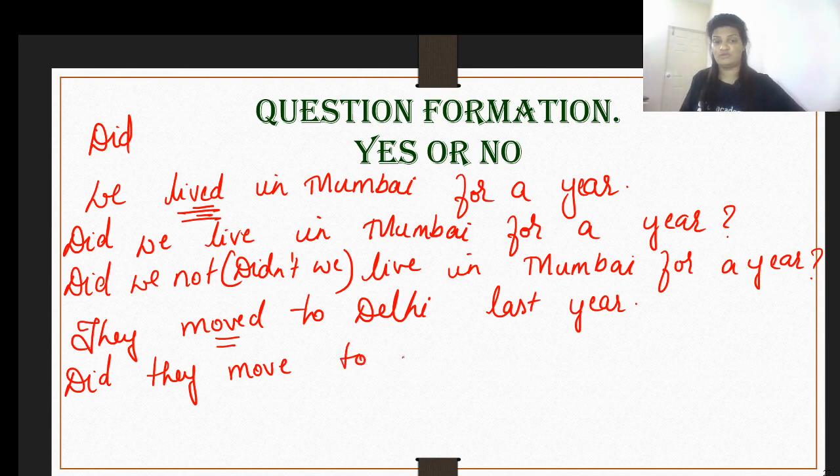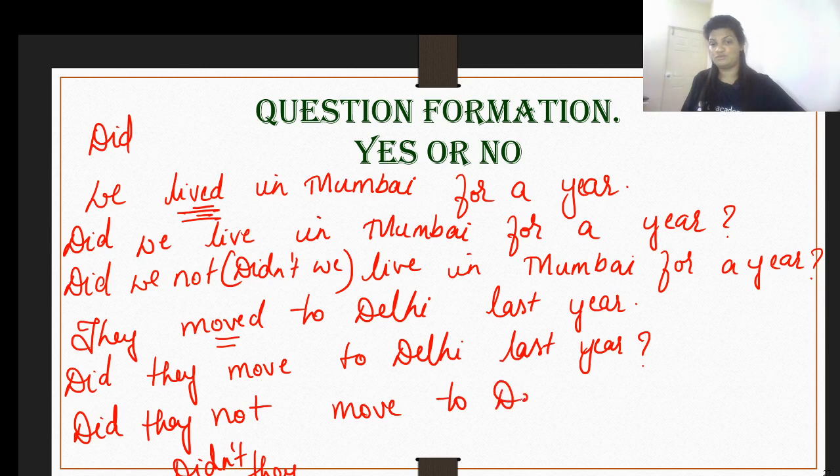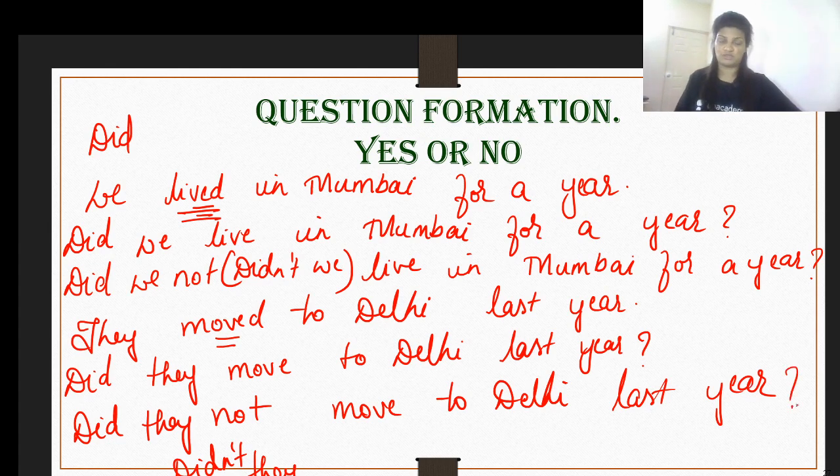Did they move to Delhi last year? And do not forget to put your question mark. How will you make this as a negative? Did they not, or didn't they? Didn't they move to Delhi last year? And there you go, your question mark.